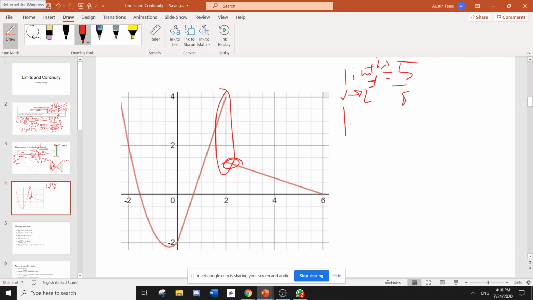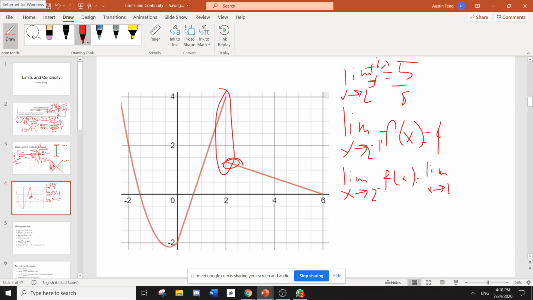And then the limit from the negative side of f of x is equal to 4. So because the limit on the negative side of f of x is not equal to the limit on the positive side of f of x, we see that the limit does not exist.